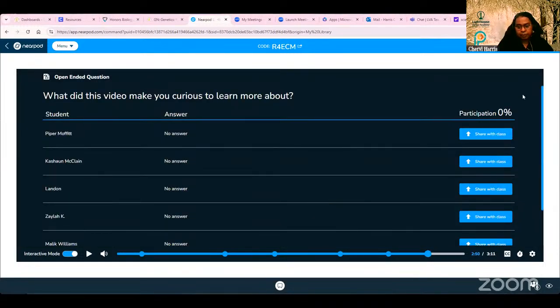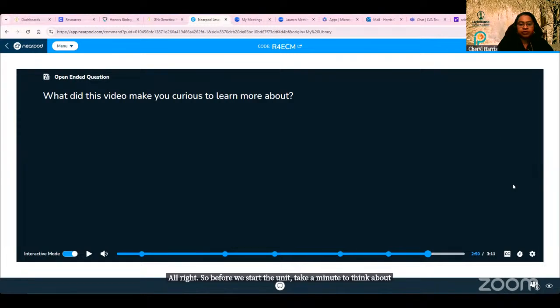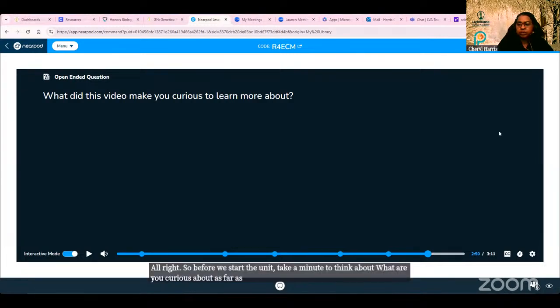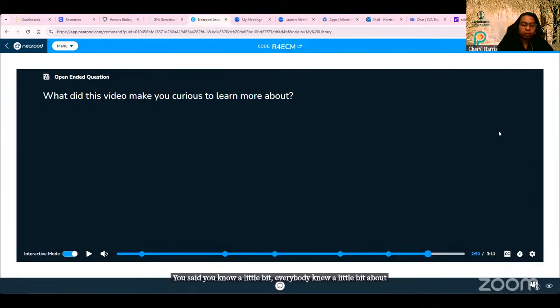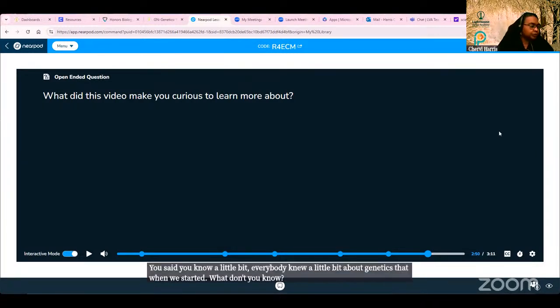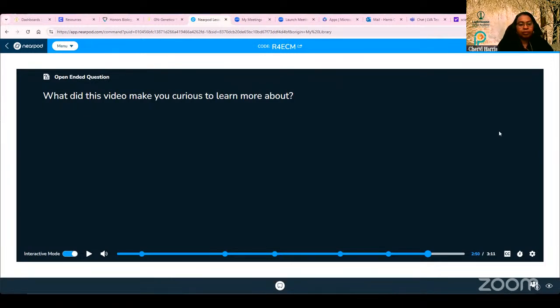All right. So before we start the unit, take a minute to think about what you are curious about as far as genetics is concerned. You said everybody knew a little bit about genetics when we started. What don't you know? We had a quick look at the vocabulary list.